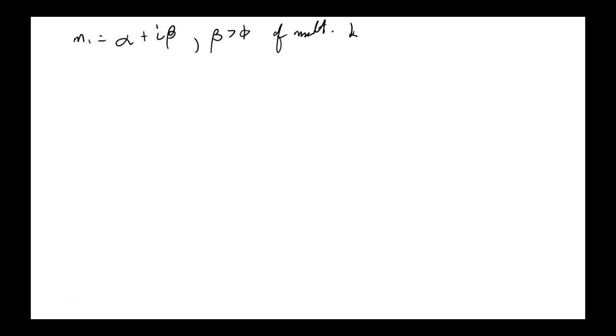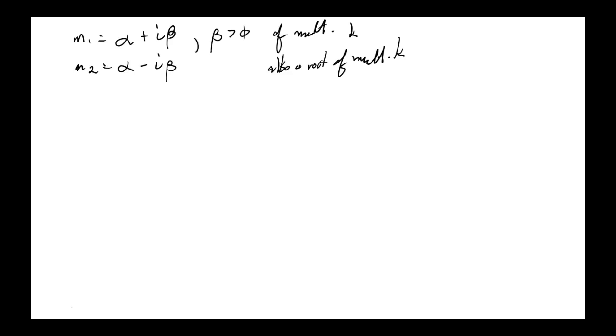Then its conjugate, m2, which is alpha minus i beta, again with beta greater than 0, is also a root of multiplicity k.